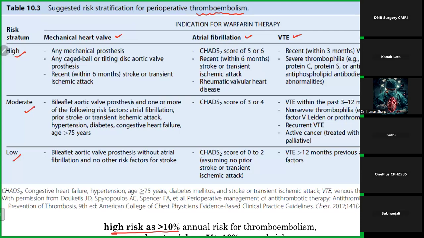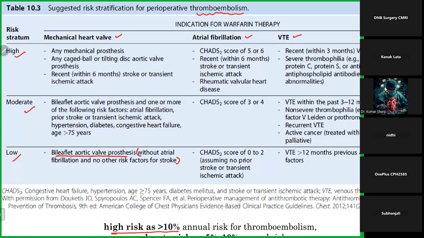Low risk in a patient with a mechanical heart valve is a bileaflet aortic valve prosthesis without atrial fibrillation and no other risk factors for stroke. Obviously, this involves an interdisciplinary approach. You have to involve the cardiologists, the CTVS surgeons, the anesthesiologists, and the surgical team.